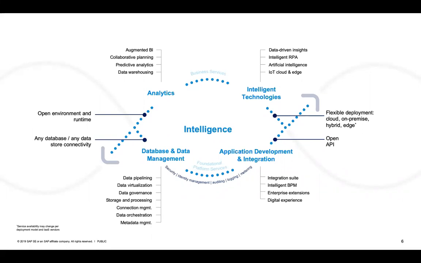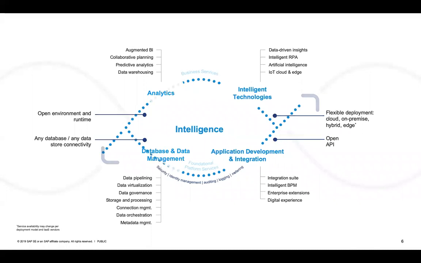But today we would like to focus more on the right-hand side of the house, if you will, on the one hand side on intelligent technologies, like, for example, artificial intelligence, intelligent RPA, robotic process automation. But first and foremost, we will take a look at the section of application development and integration. There you can also see Intelligent BPM listed, which would be the main topic of today's presentation.